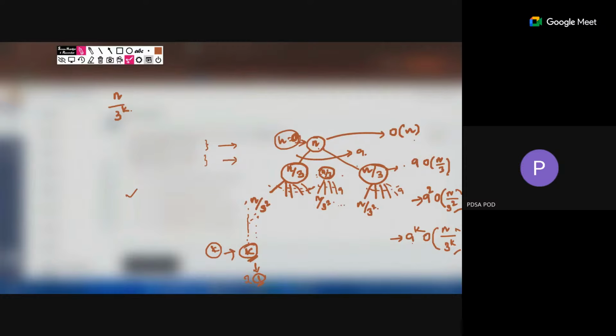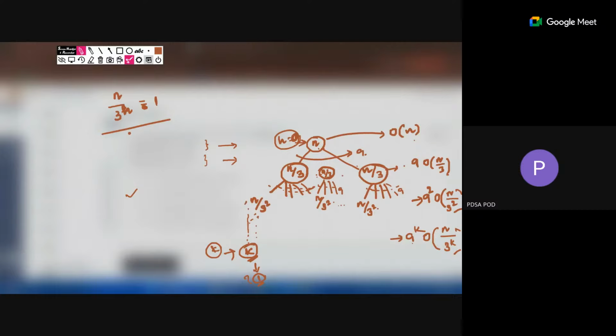So at the kth height, the size of the array will be n by 3 to the power k. I am claiming that at the height number h, the size of the array is equal to 1, so n by 3 to the power h will be equal to 1. Do you agree to that?